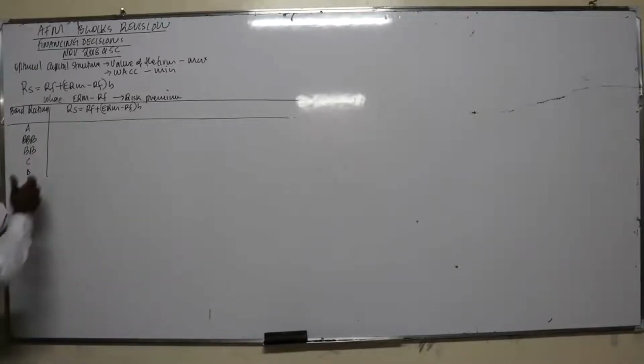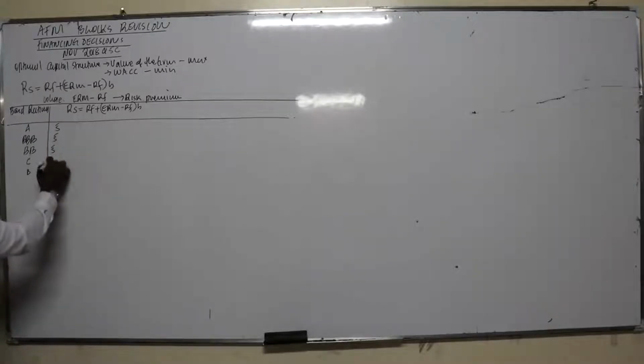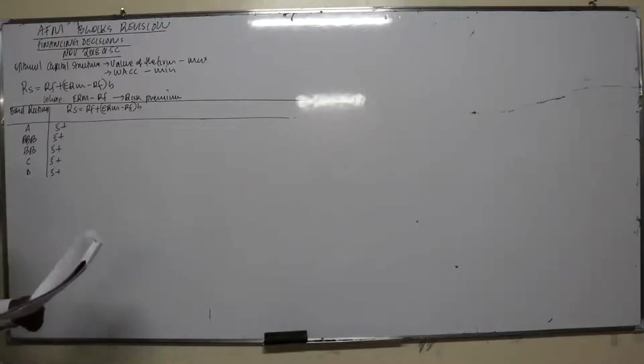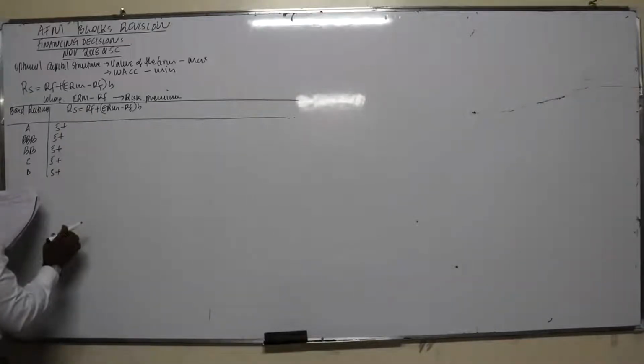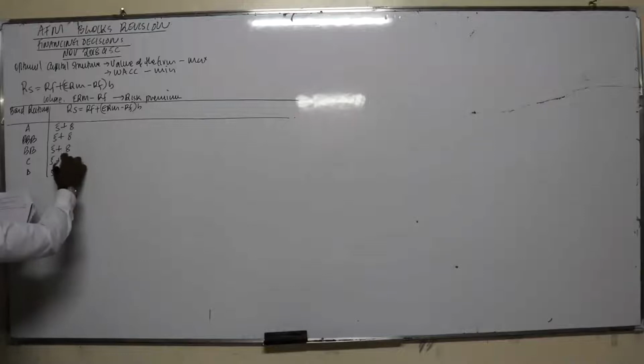The risk-free rate is 5. Then you add, so you're already given the market risk premium. That's not the expected return of the market, that's the risk premium. So that's expected return of the market minus risk-free, which is 8. Then you multiply by the beta.